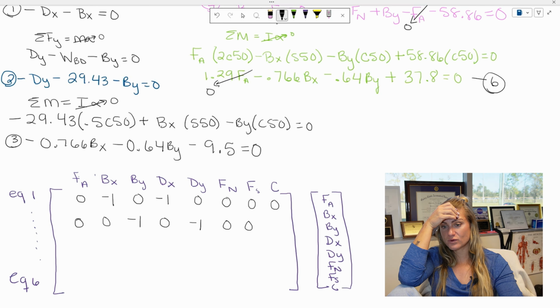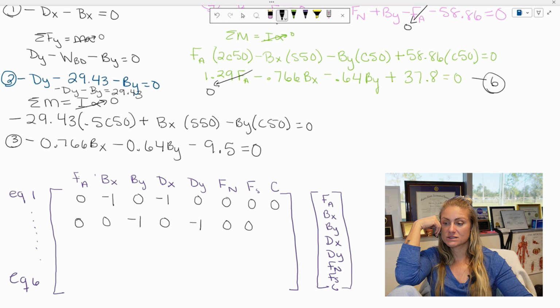So the correct form to write this in is going to be negative DY minus BY equal 29.43. Okay, so on here I'm going to put 29.43.